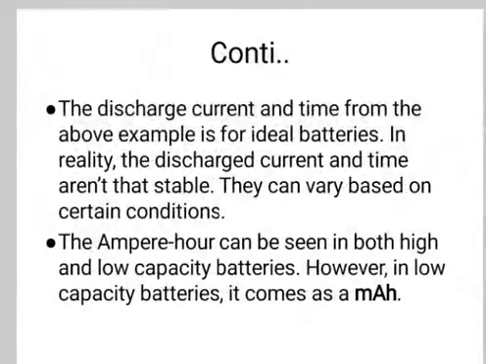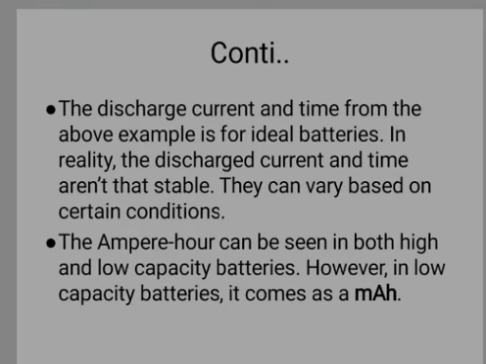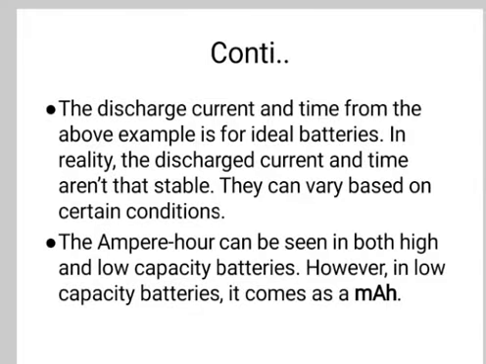The discharge current and time in the above example are for ideal batteries. In reality, the discharge current and the time are not stable. They can vary based on certain conditions. The ampere hour can be seen in both high and low capacity batteries. However, in low capacity batteries, it comes as milliampere hour.